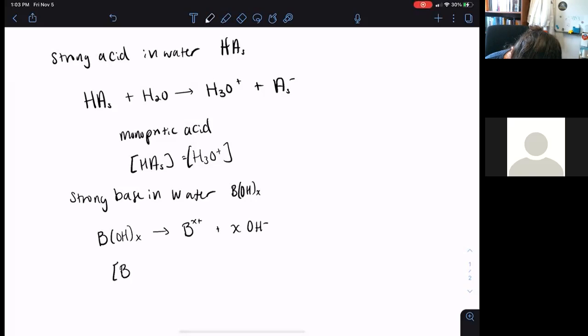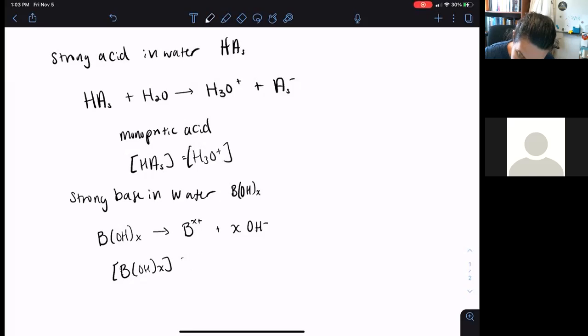Here, our BOH concentration will be equivalent to X, or well, I guess the concentration of hydroxide. Well, yeah, no, I said that right there.